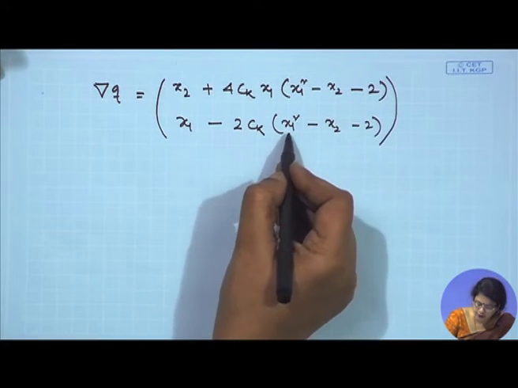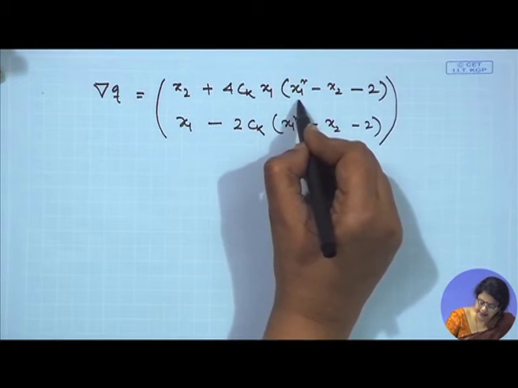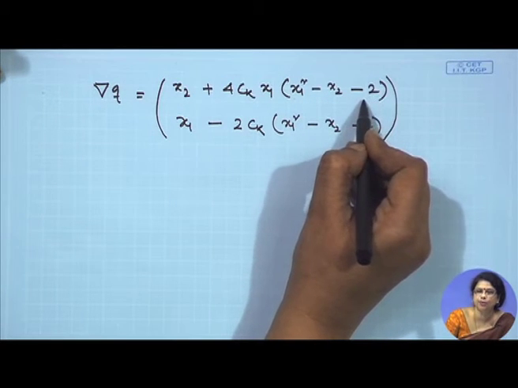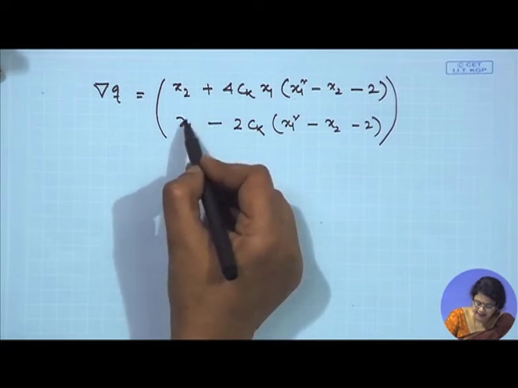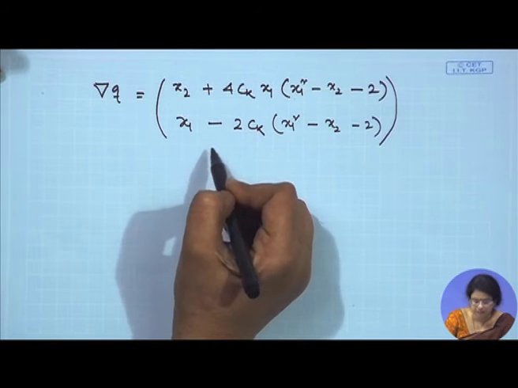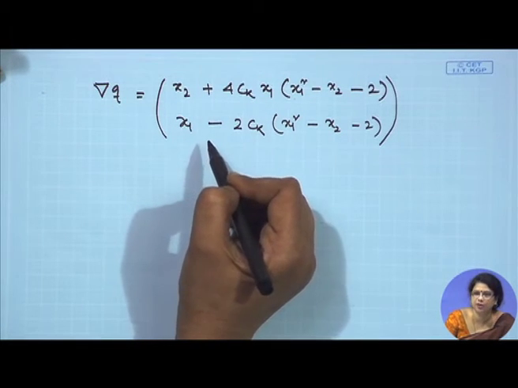Now for this case, if x1 square minus x2 minus 2 is less than 0, we find that there is no solution at all, because from this case we cannot have the solution.